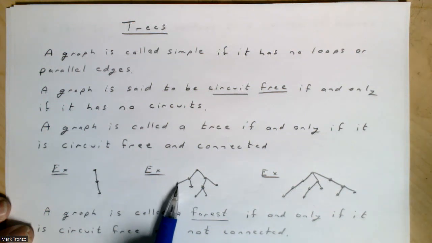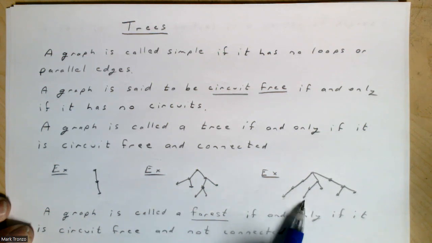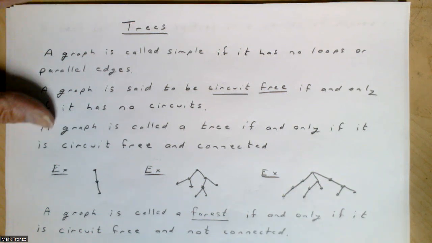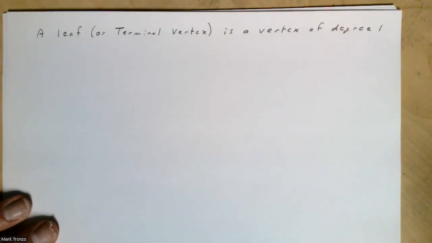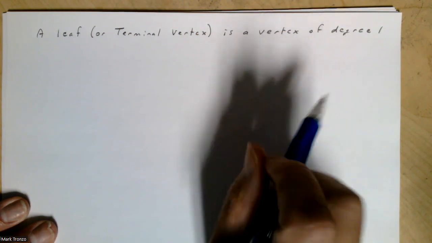This has degree 1, this one, this one. These are all leaves or terminal vertices. Same thing over here, leaf, leaf, leaf, leaf, leaf. So a leaf or terminal vertex is any vertex that has degree 1.